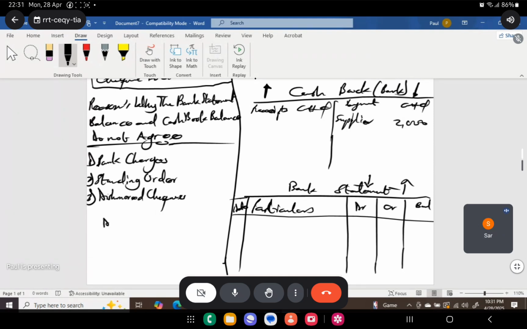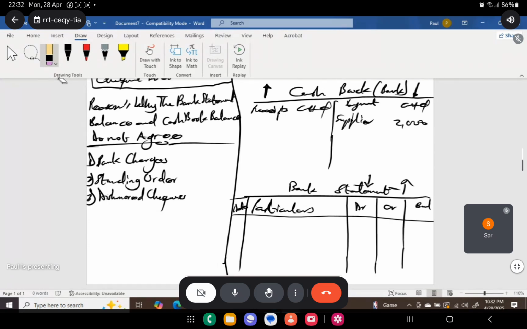So you debit the receiver, which is cash, and you credit the giver. Please, do you understand? That's the double entry that we will use.